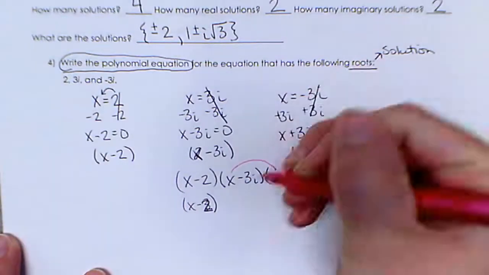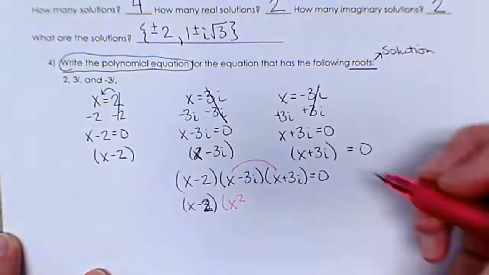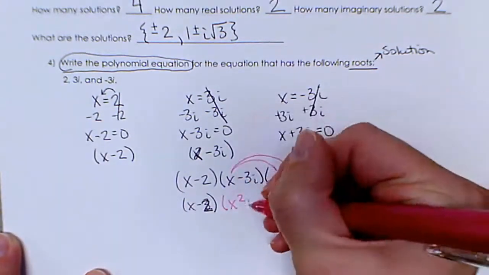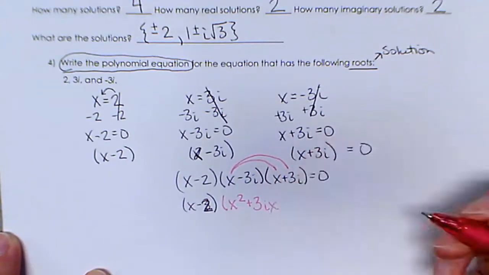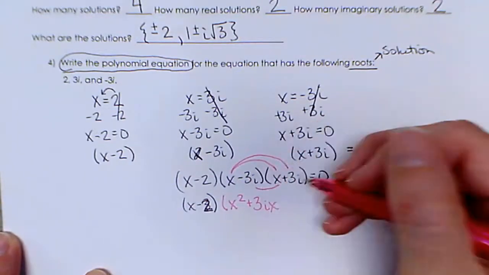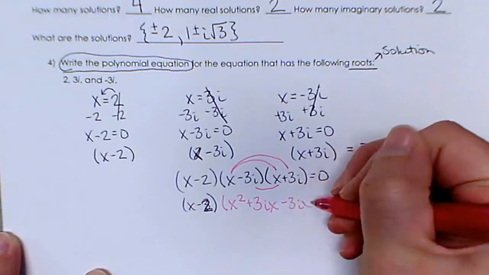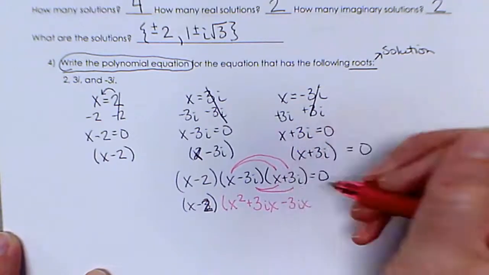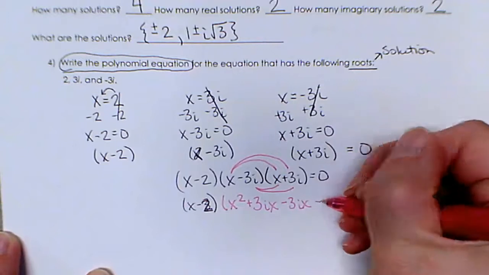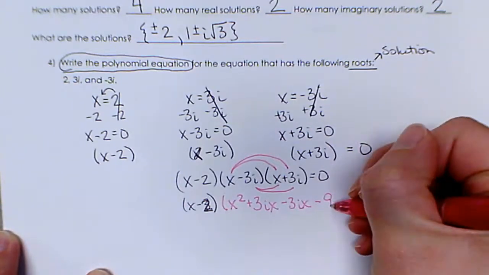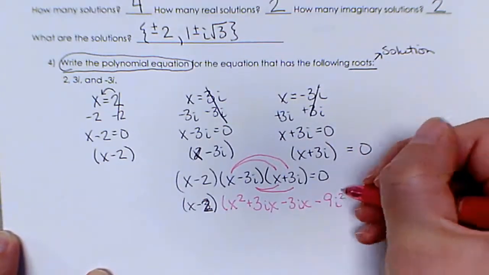So x times x is x squared. x times 3i is 3ix. Negative 3i times x is negative 3ix. And negative 3i times 3i is going to be negative 3 times 3 is 9, i times i is i squared.